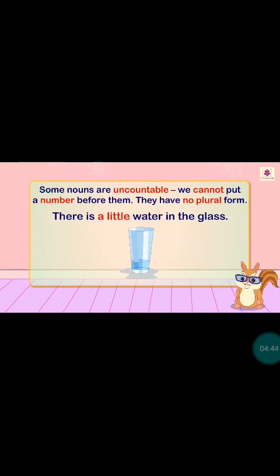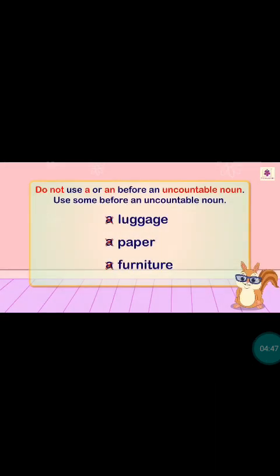Now, let us see some more about uncountable nouns. We do not use a or an before an uncountable noun. We use some before an uncountable noun. So we cannot say a water, an water, a bread, an bread.